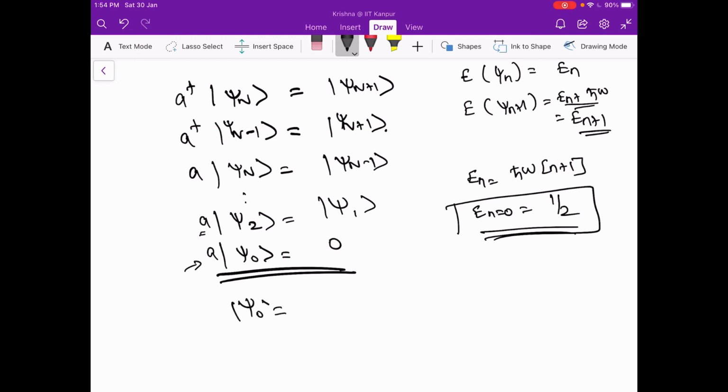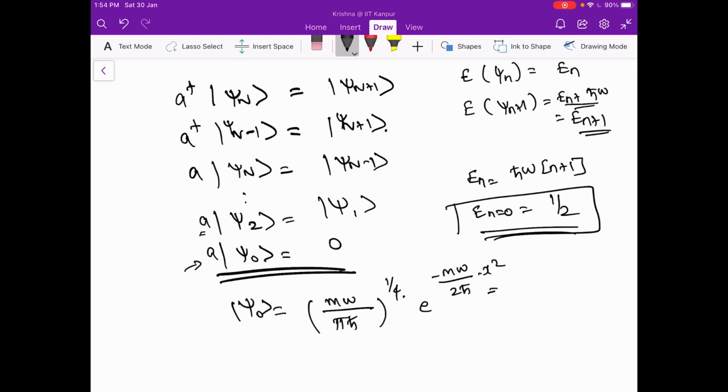Psi naught, one solution psi naught was or could be written as m omega by pi h bar to the power 1 by 4, e to the power minus m omega by 2 h cross x square. So this is obviously a Gaussian, right?